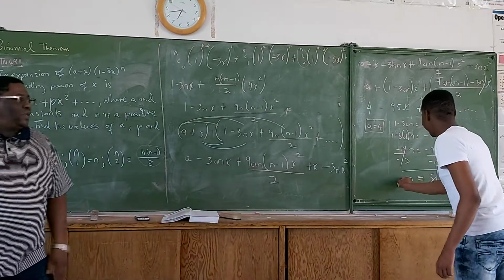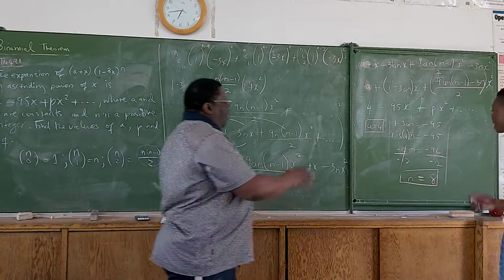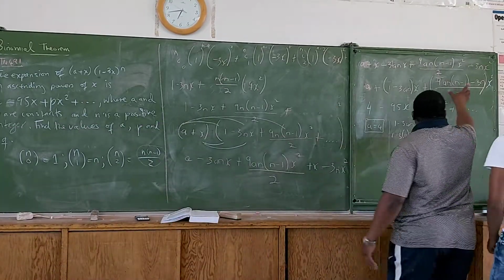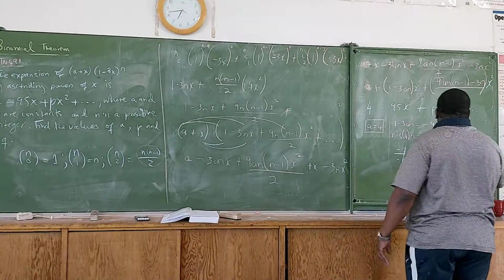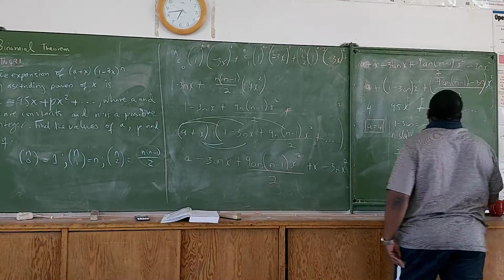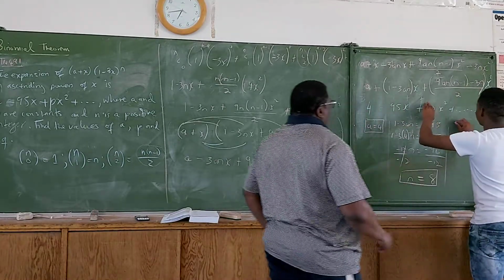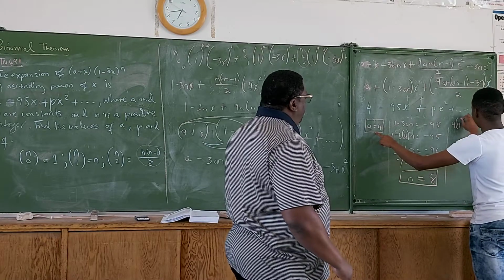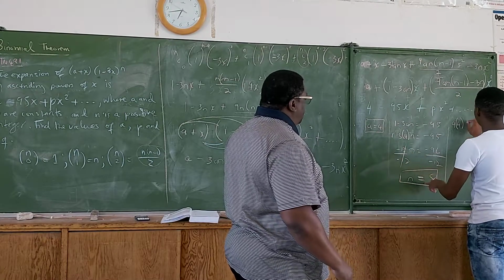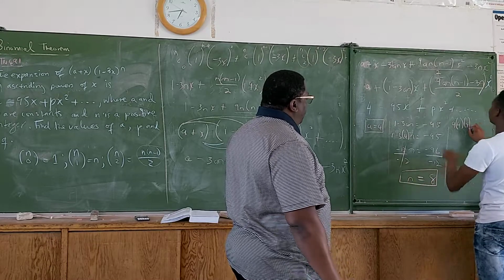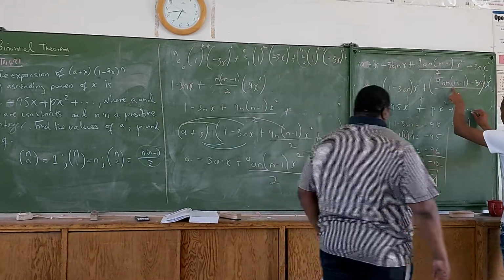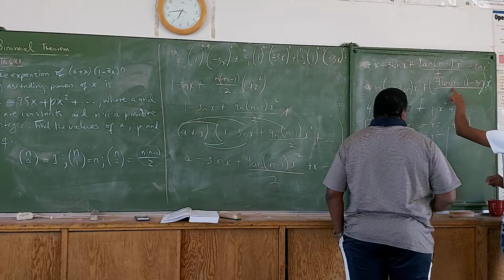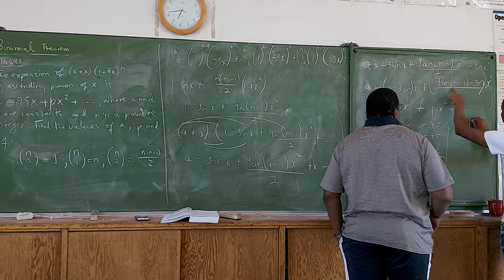Now you must make a way for that to fit here. This whole business must fit. So just write it nicely: 9, 4, 8 in bracket. 8 minus 1 is going to be 7.